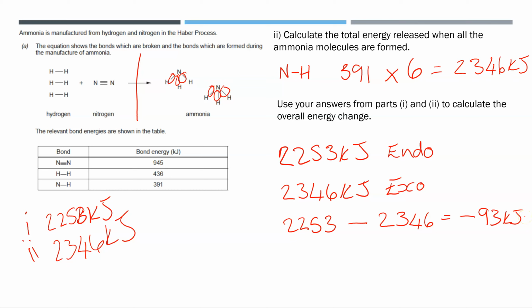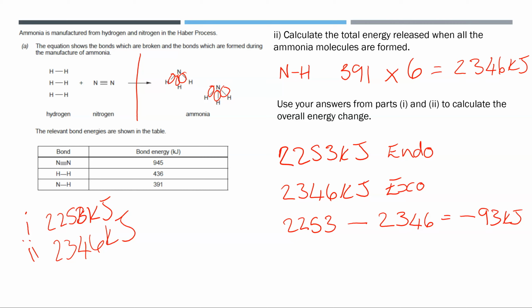If you just look at the numbers, you can see that the amount of energy released when the bonds were formed is bigger than the amount of energy absorbed when the bonds were broken. So more energy was released when the bonds were formed on this side. But we need to look at how much was absorbed and how much was given out.